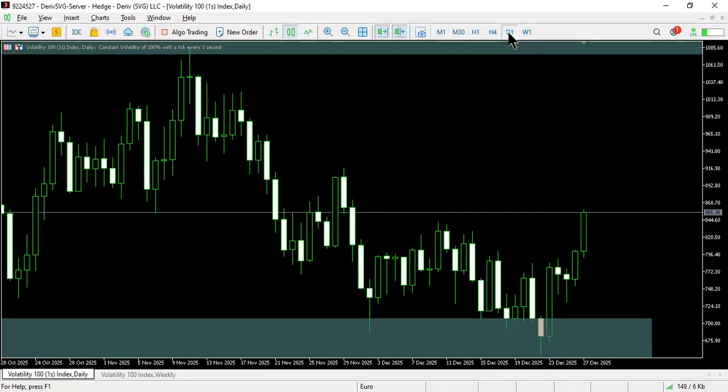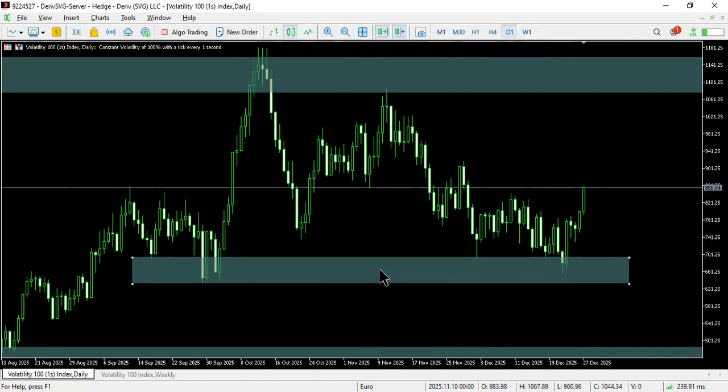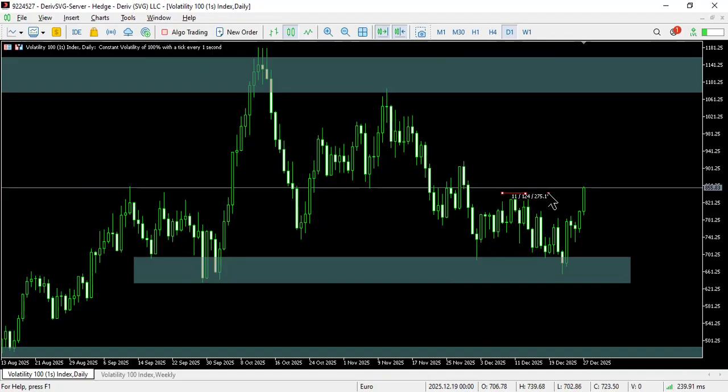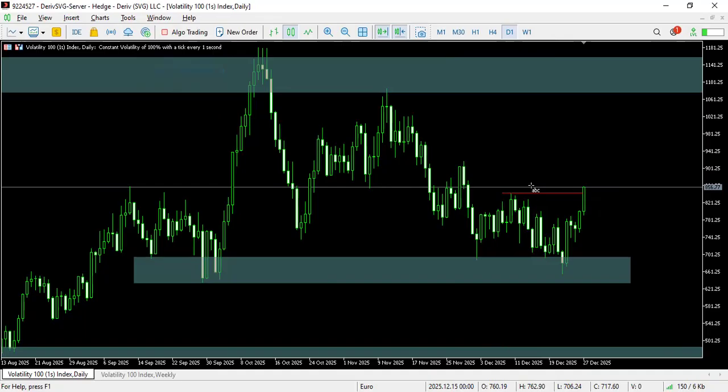And then if we go to the daily time frame, price is pushing up from that support level, and I can see we have broken structure. That is a break of structure to the upside.